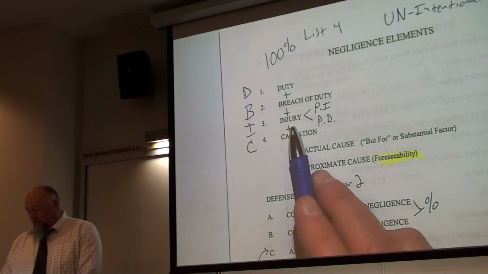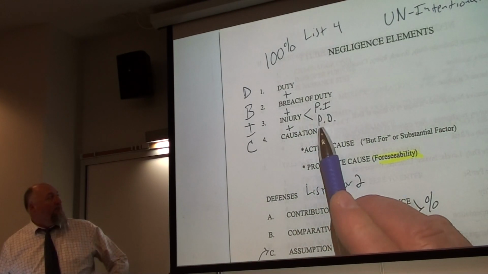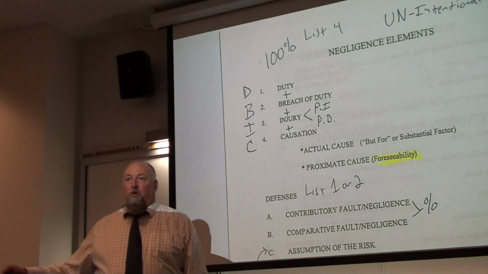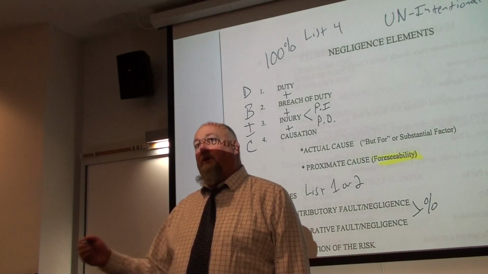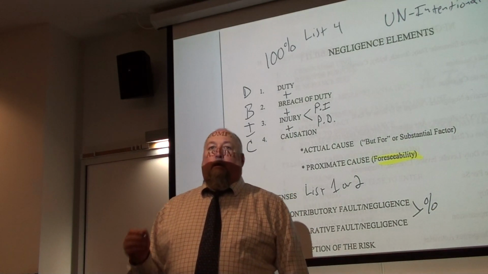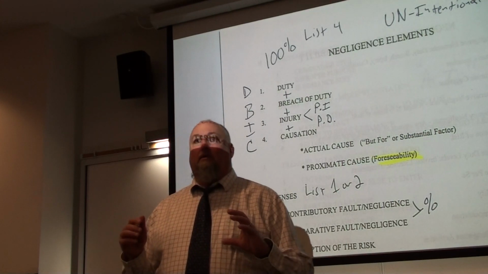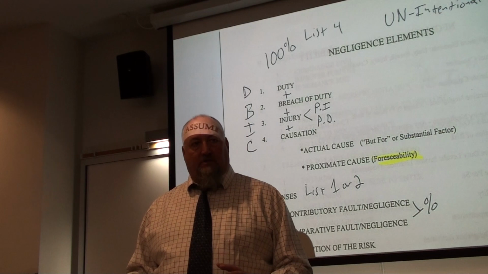All right, so when I talk about injury, I have here PI and PD. PI stands for personal or physical injury. PD stands for property damage. When I use the term injury in these four elements, I'm not only limiting it to a physical injury that you have caused.